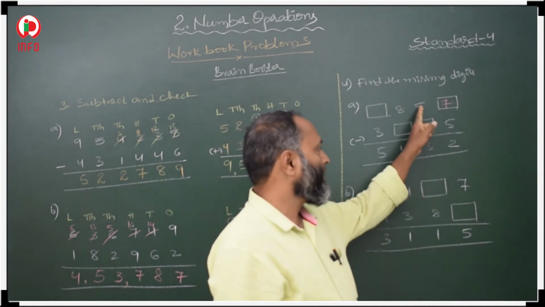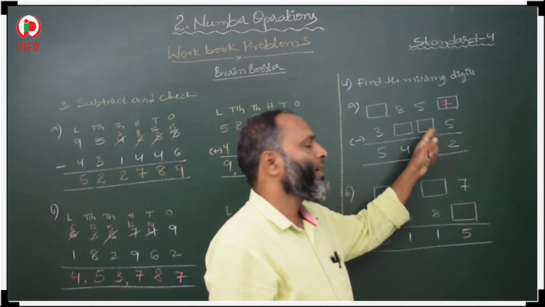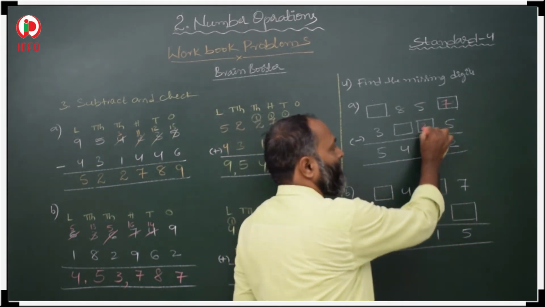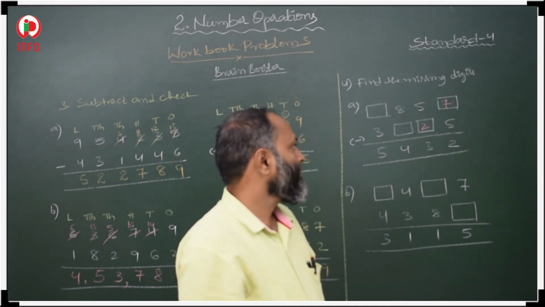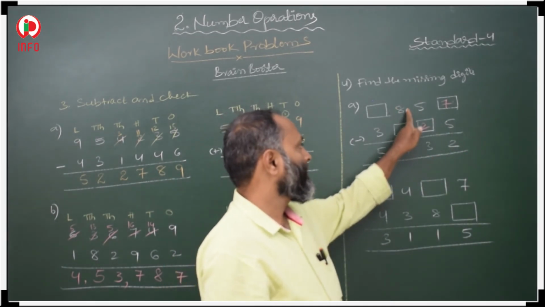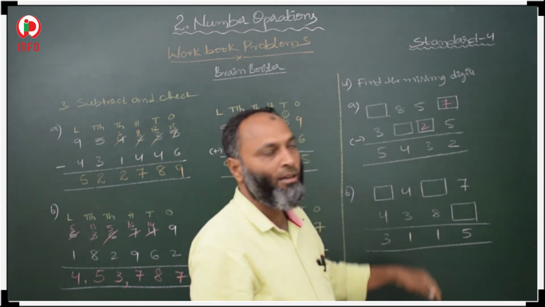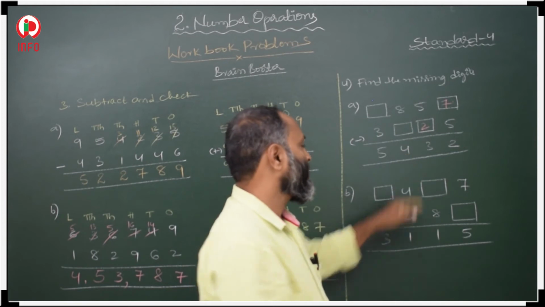Then how to get the difference? 7 minus 5, 2. Then here minuend is given, here difference is given. Then how to get the subtrahend? Subtract them. 5 minus 3, 2. Then here minuend is given, here difference is given. Then how to get the subtrahend? Subtract them. 8 minus 4, 8 minus 4 is 4.